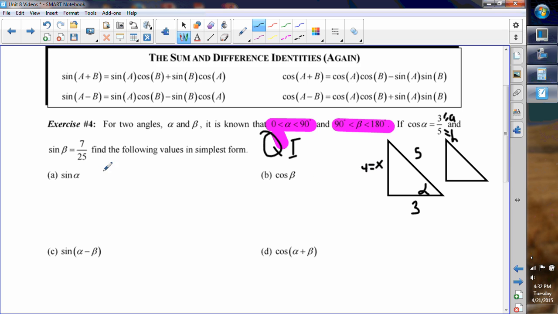So sine of alpha is equal to the opposite over the hypotenuse. The opposite of alpha is 4. The hypotenuse is 5. And we're in quadrant 1, so this is going to be positive. Now we're talking about beta. Beta is between 90 and 180, so this is in quadrant 2.